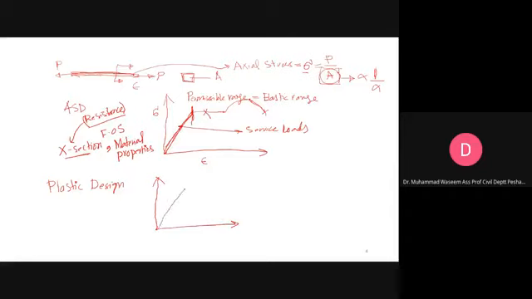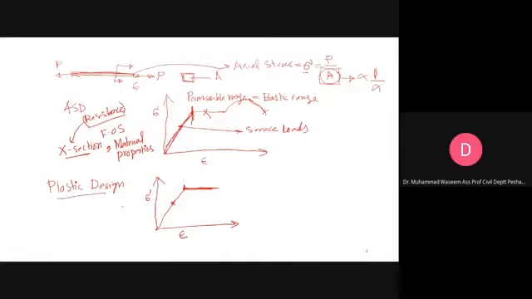The loads will be in the elastic range, but you design your member for the plastic range, so that the stresses in your member are at the verge of plastic. Plastic stresses will be induced in the member in plastic design.